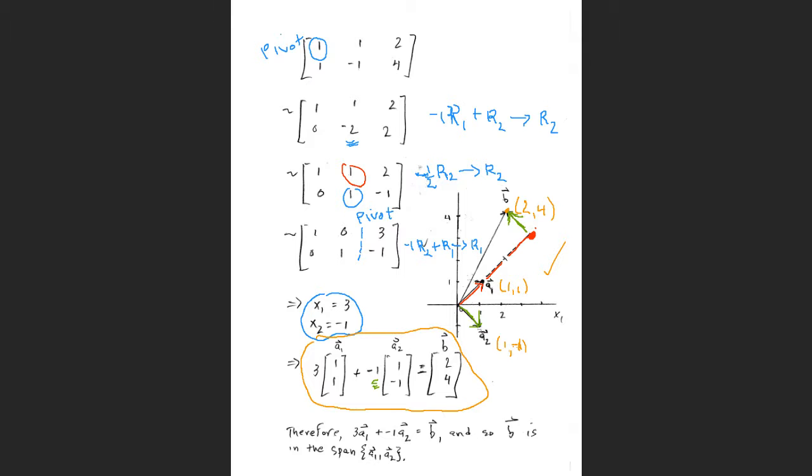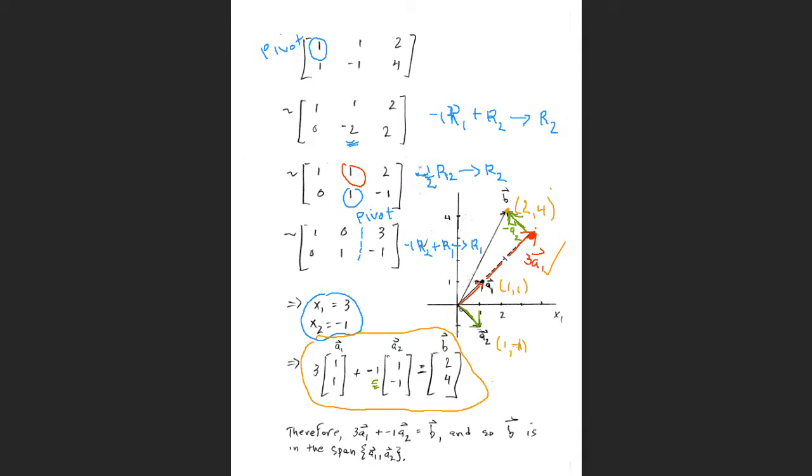So 3a1 plus -a2, and you know how to add vectors, you add them tip to tail, right?